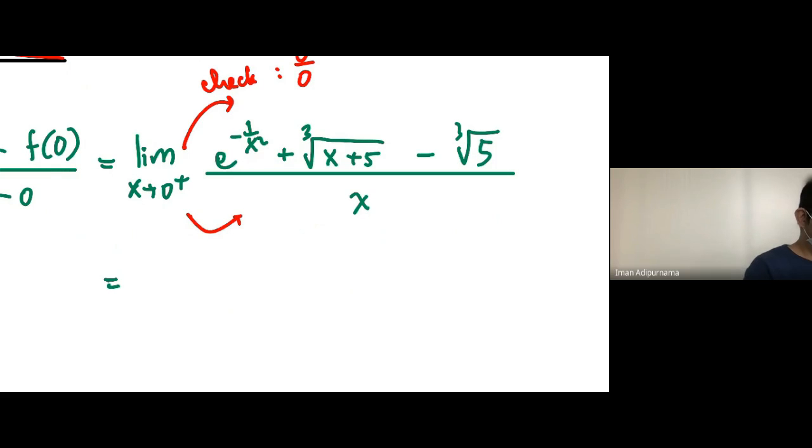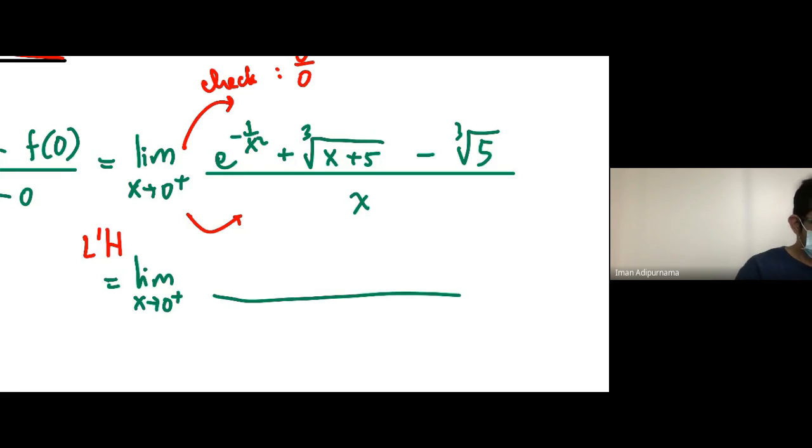Then we can use the L'Hopital rule. Let me use a different color and take it slowly. This becomes 1. e is still e.